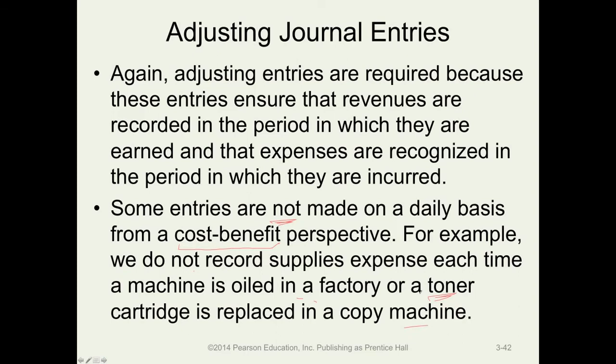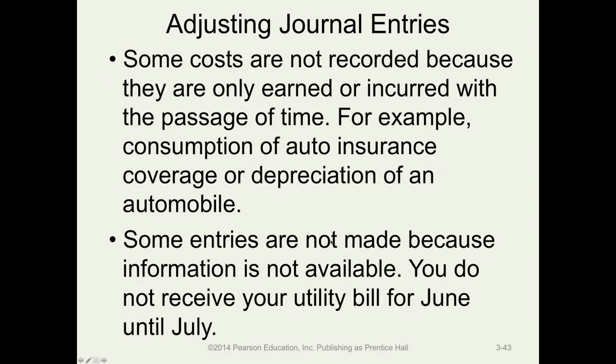And it's based on materiality, cost benefit and materiality. So both materiality and a cost benefit perspective would justify waiting to the end of the period to make these adjusting journal entries. Now, usage, physical usage or consumption of resources is one reason why we make adjusting entries.